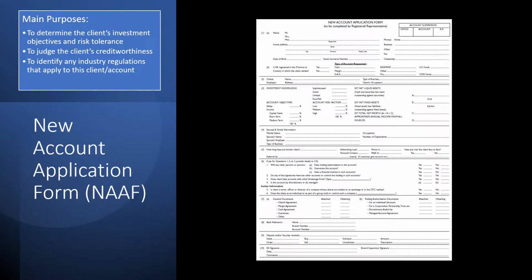Investment objectives and information about the client's relationship with any publicly traded companies is included as well. And basically, as I mentioned, it does identify certain regulations for that account, and it will give the advisor a sort of guideline as to what they can invest or what they can recommend in that account.